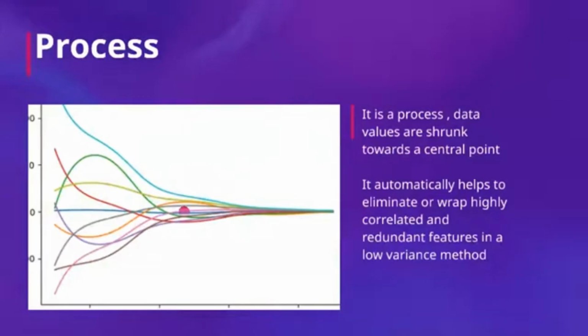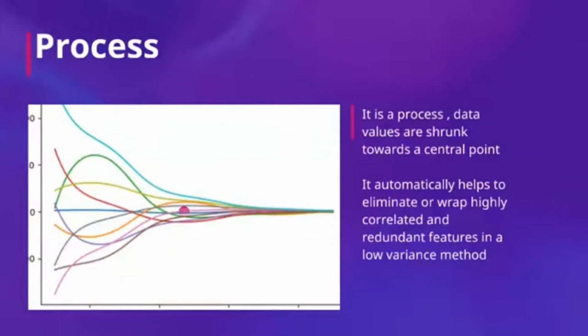You can see these lines. There are various data points, there are various variants in the data, and they are being merged towards a central point. What lasso does is a process wherein the data values are shrunk towards a central point, and this helps to automatically eliminate highly correlated and redundant features in a low variance method. So this is trying to reduce the variance of a large amount of data.